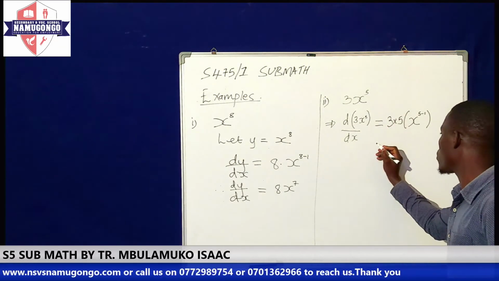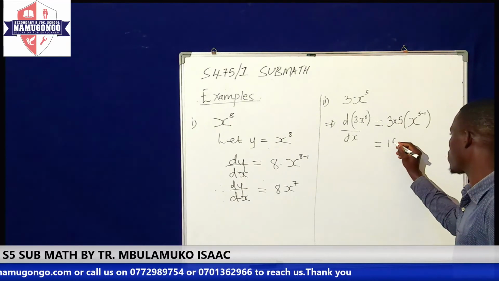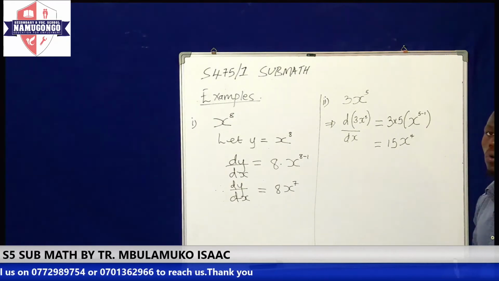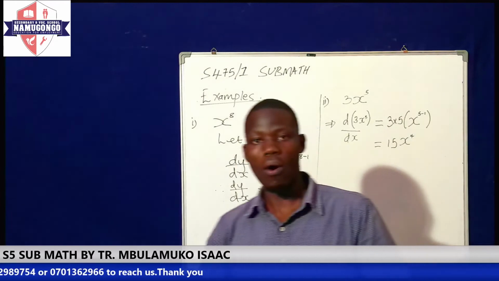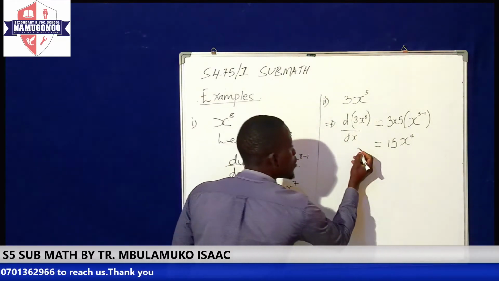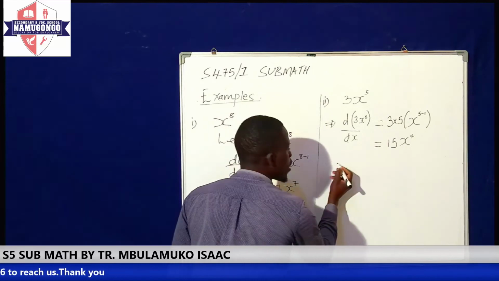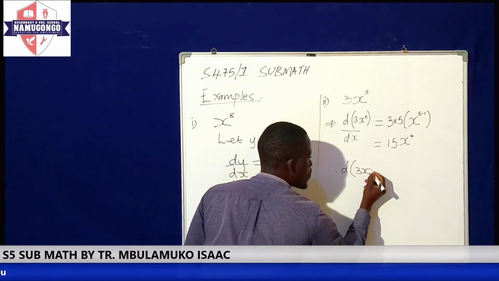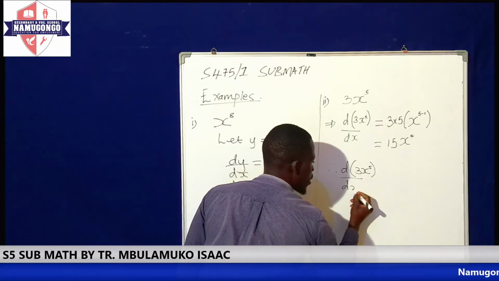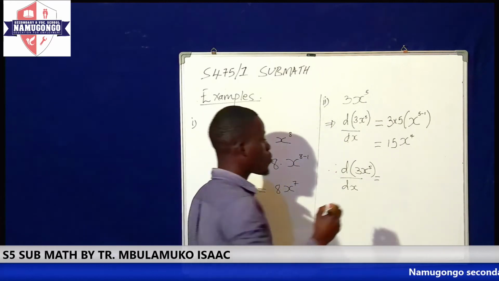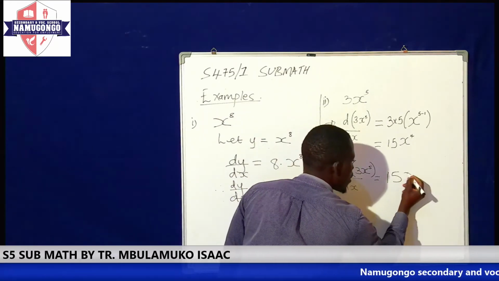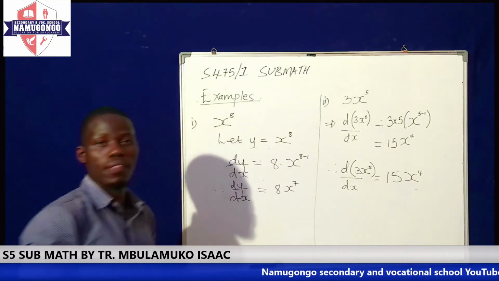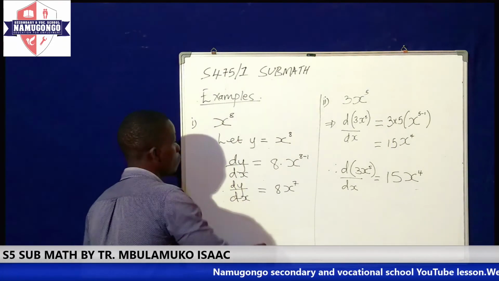So when we continue, this gives us 15x to the power 4, and that will be our answer. So you can come down and say, therefore, the derivative of 3x to the power 5 with respect to x is equal to 15x to the power 4, and that will be our answer there.